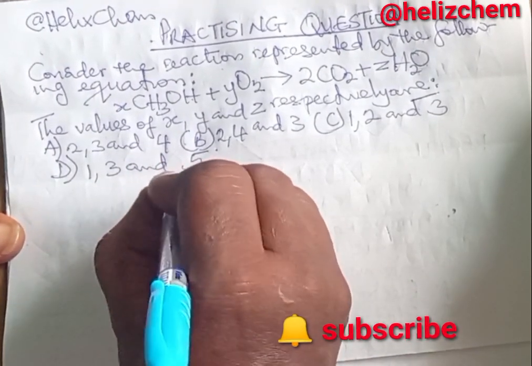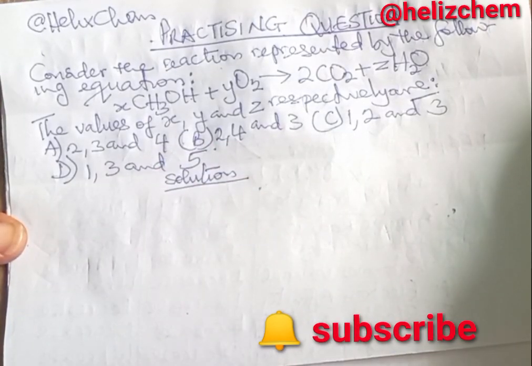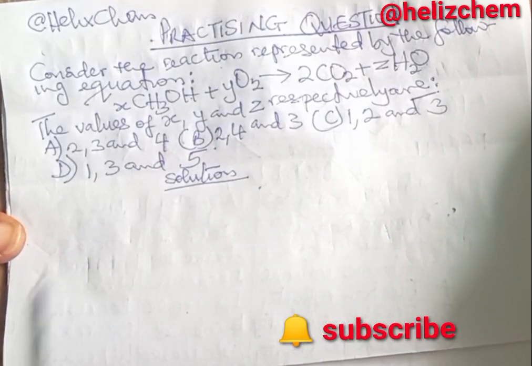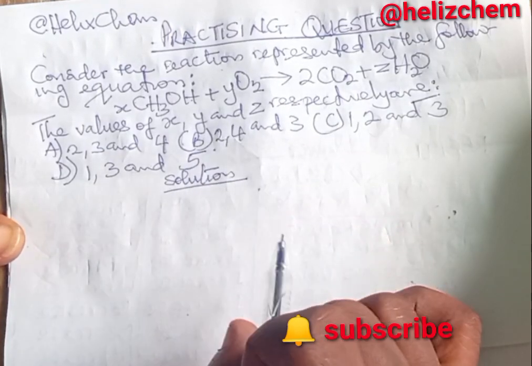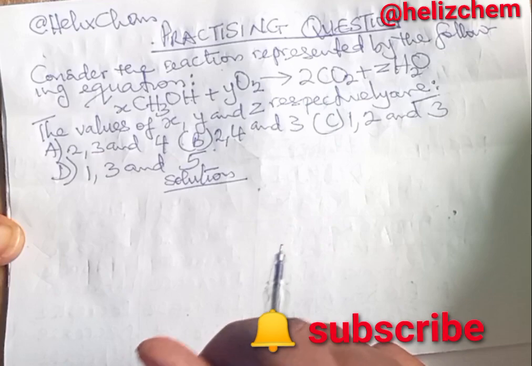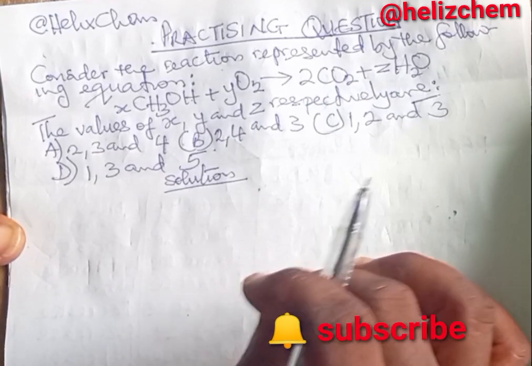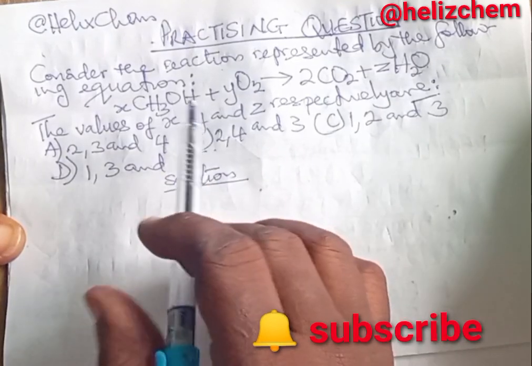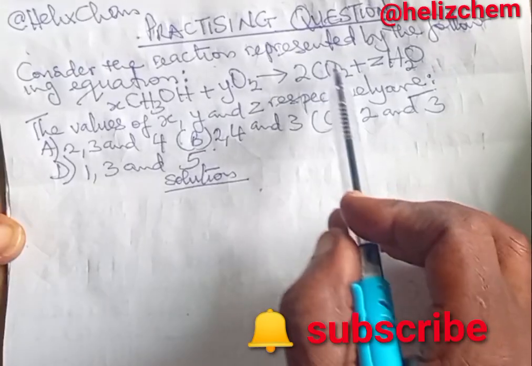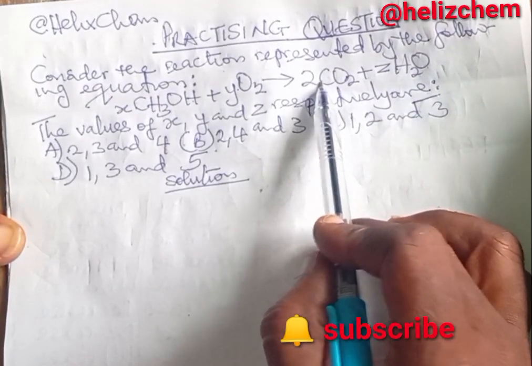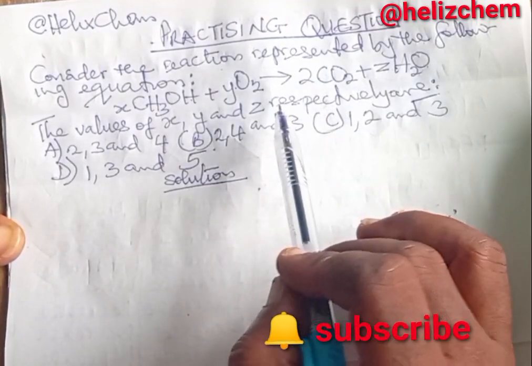This is the solution. This question is based on balancing of equation. If you want to balance equation, we use what we call coefficient. Coefficient is a whole number numeral that is written in front of the formula or in front of the symbol of the elements taking part in the reaction.